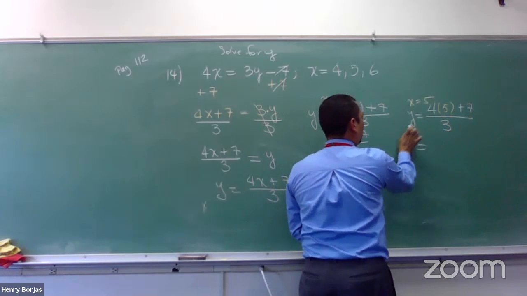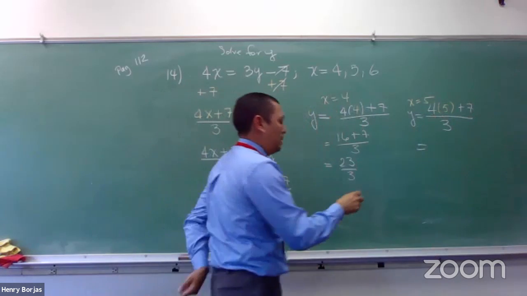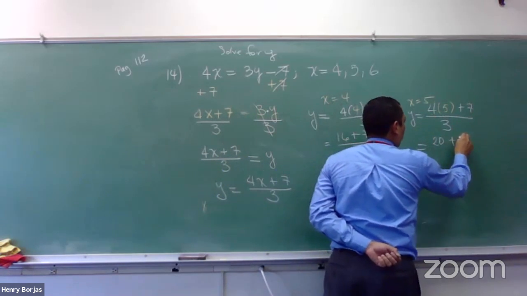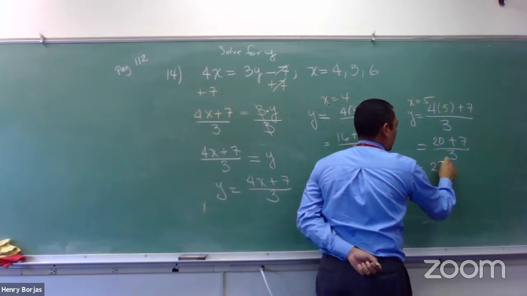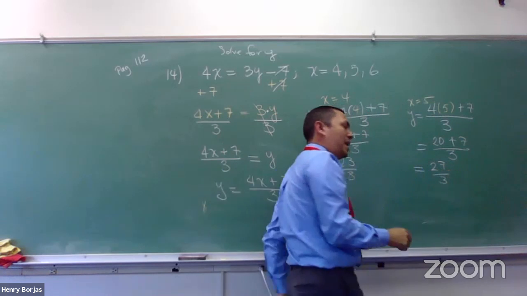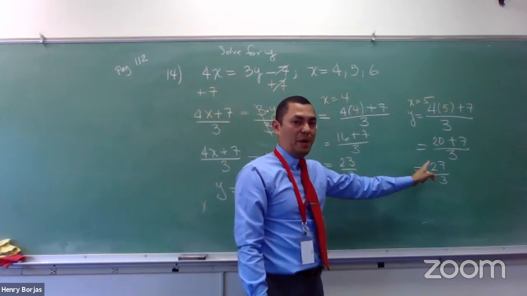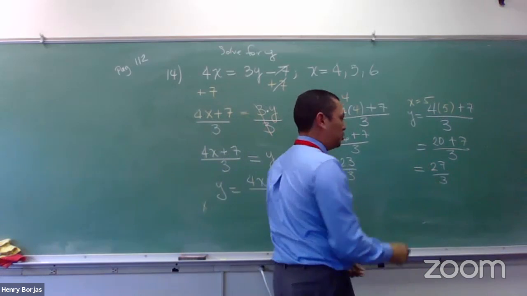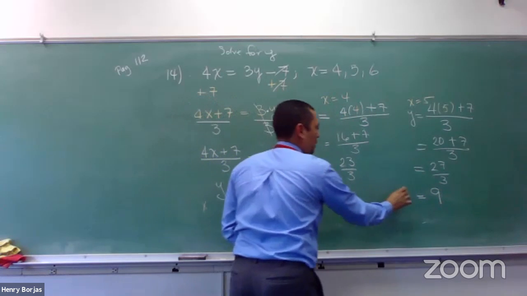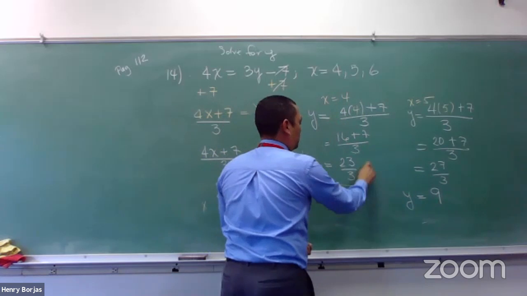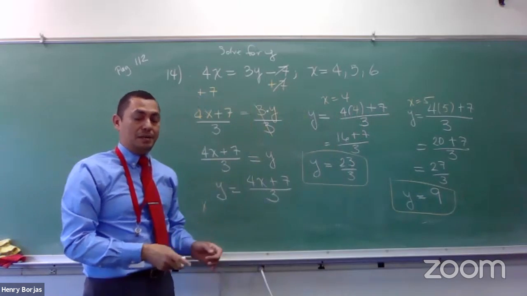So this is equal to 4 times 5 is 20 plus 7, 27 over 3. I can simplify that fraction. 27 is divisible by 3, and 27 divided by 3 is equal to 9. So the first one is 23 over 3. The second one is y equals 9.